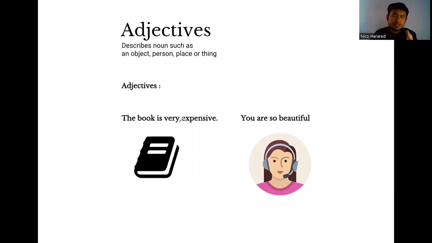Where is the adjective here? The adjective is expensive, very expensive, because it describes the noun, the book. You're so beautiful. Beautiful is a kind of adjective because it describes a noun, you.